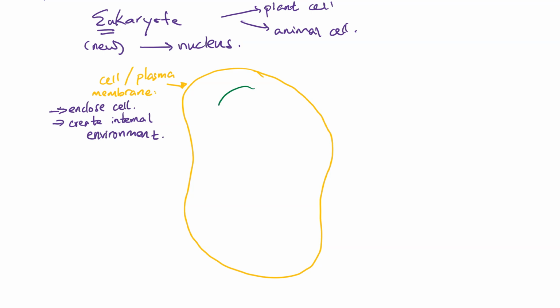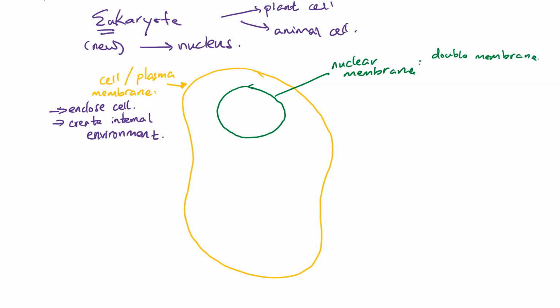The nucleus is itself a membrane-bound organelle, so this is what we call the nuclear membrane. Right? So the nuclear membrane is a double layer, and on the surface of the nuclear membrane you can see a lot of pores that allow material to go in and out, and we call these pores nuclear pores.